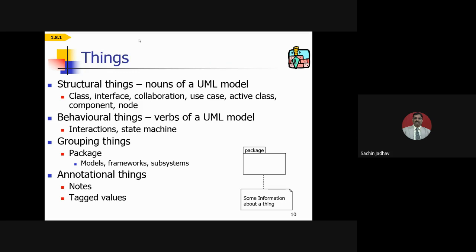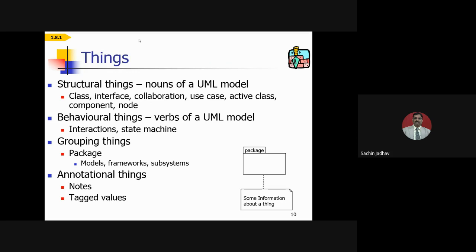Then there is the teaching-learning process system, then the examination system, right? All these are collected as packages or subsystems, and then tied together in relationships so that we have one common goal achieved, that is the college information system, right? So grouping things are the packages, models, frameworks, subsystems, etc.